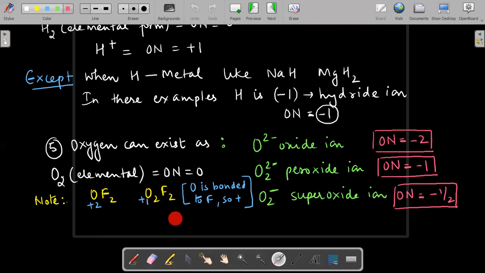But nonetheless ऑक्सीजन के ऊपर कौन सा स्टेट आ रहा है? पॉजिटिव. So this will only be possible when oxygen is bonded to fluorine. Rest all cases, इन 3 में से कोई एक सिचुएशन होगा, ठीक है? उसमें भी मैक्सिमम केसेस में कौन सा होगा? ये वाला, that is the oxide.